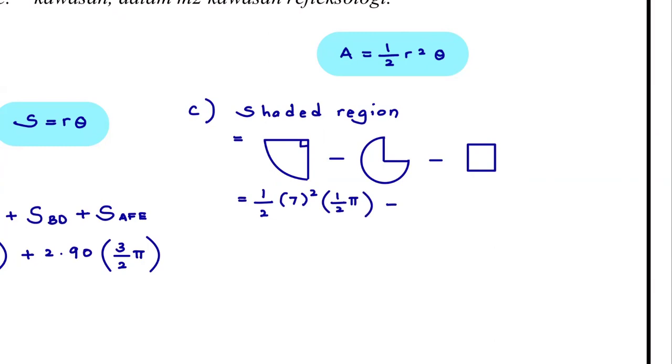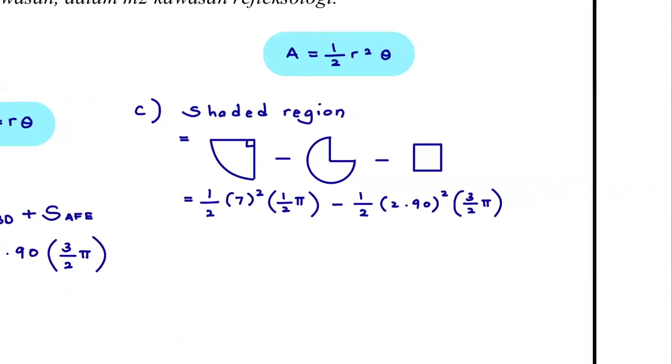Minus. So this one is the small sector. Half, r square is 2.9, just now, right? 2.90. The theta is 270, which means 30/2 pi. Got it?